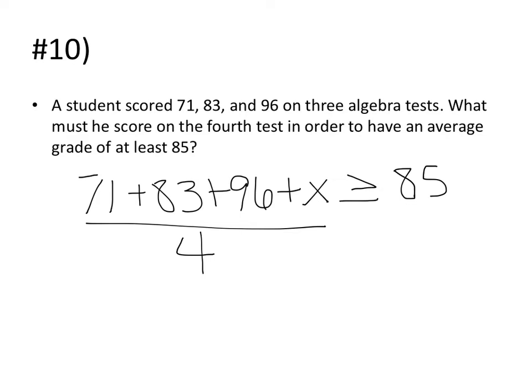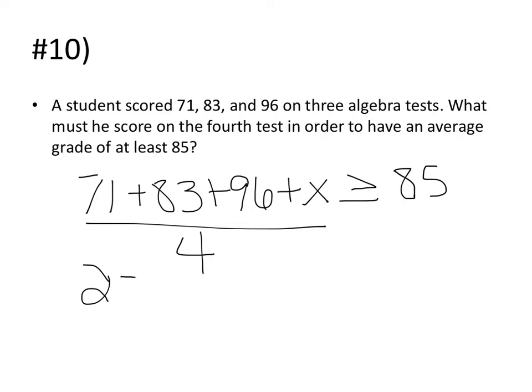Now you could have, if you wanted to, added up 71, 83, and 96 first and then added it to x. But this will show you the original problem. So let's do 71 plus 83 plus 96 is 250.